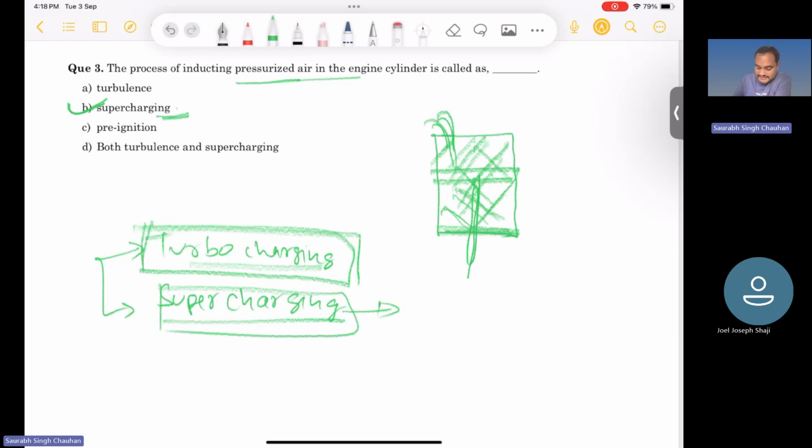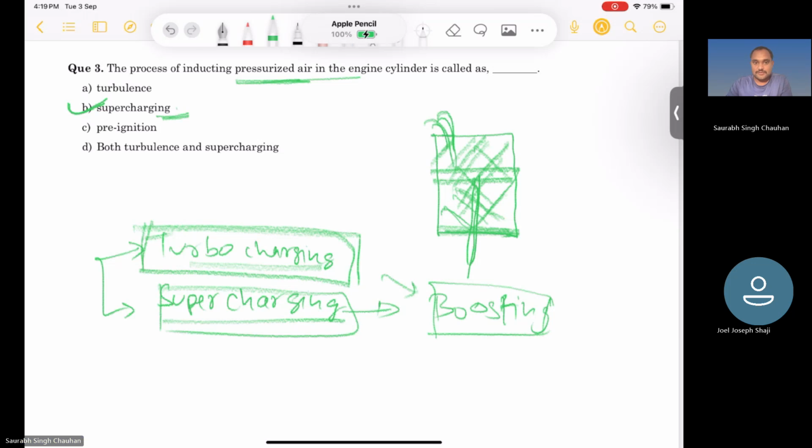But anyway, both of these are boosting techniques to compress the air. Okay, so part B is the correct option. If there had been one more option, turbocharging, that would also have been the correct option. Okay, so I hope this is clear, and we can move to the next question.